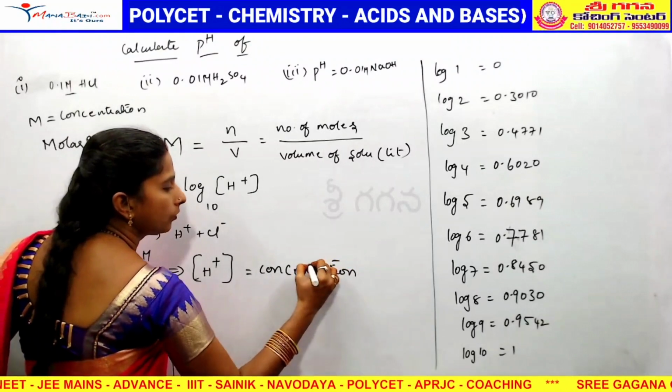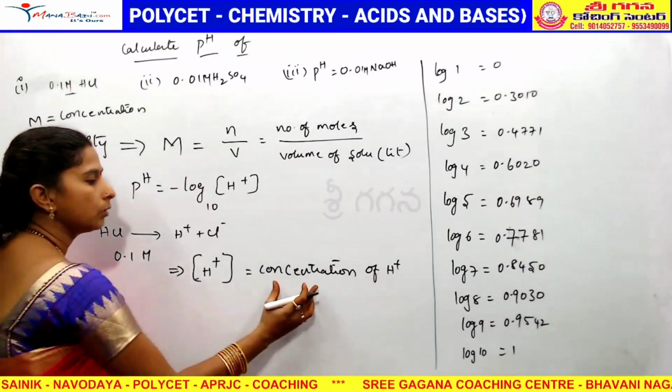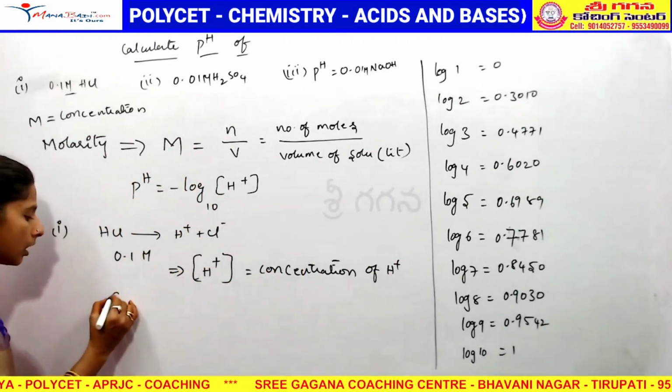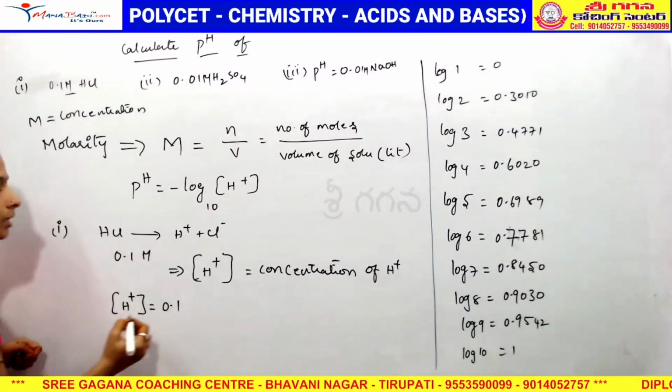No need to write this always. So the concentration of H plus ion is 0.1 only.